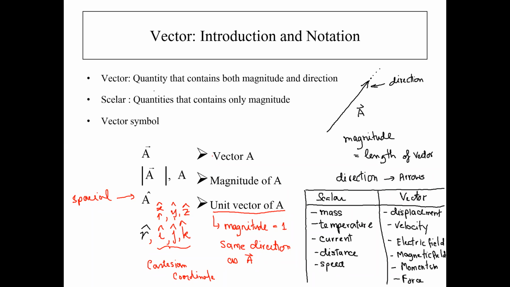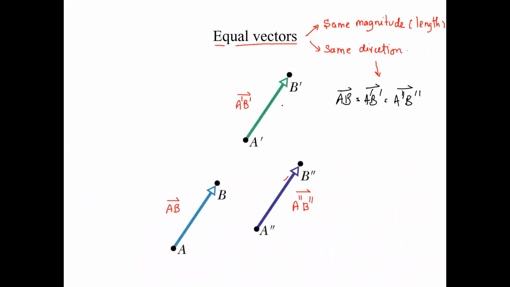This is called the Cartesian coordinate or rectangular coordinate. Two vectors are equal when they have the same magnitude and point in the same direction. If a vector has the same magnitude but points in the opposite direction, we say that it is a negative vector.